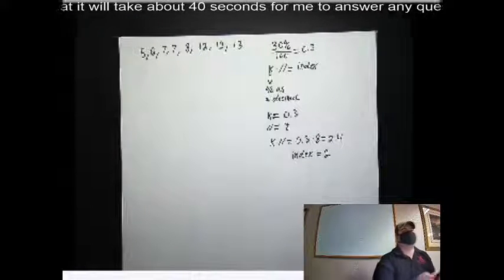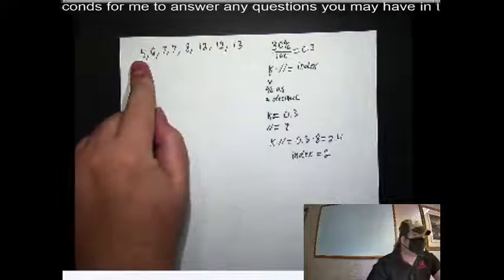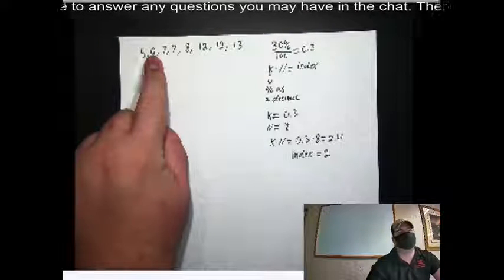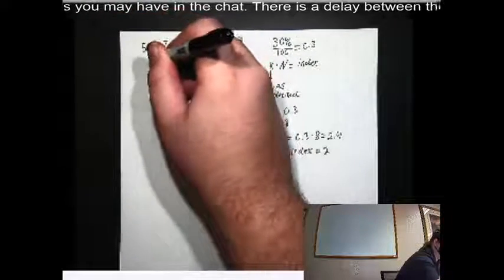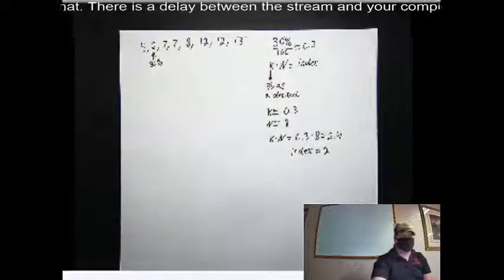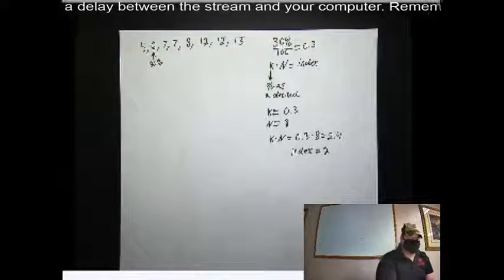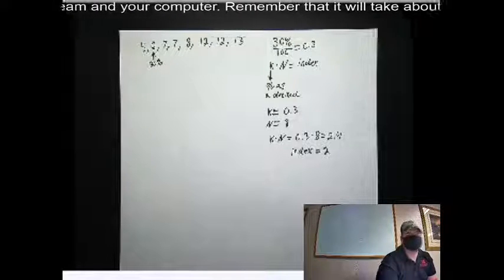So what this says is we need to take 2 steps before we get to the 30% mark. So 1, 2, that'd be 6. Okay, any questions?